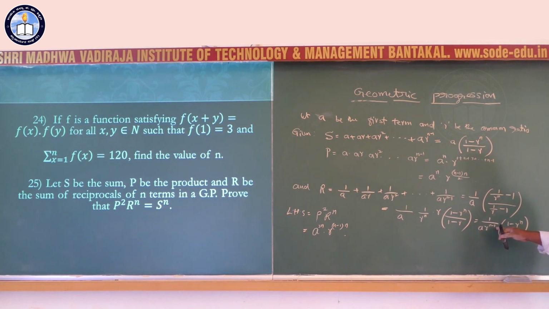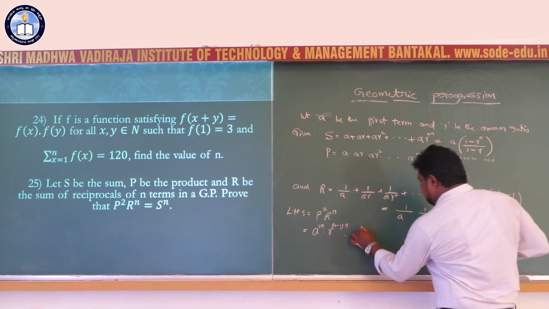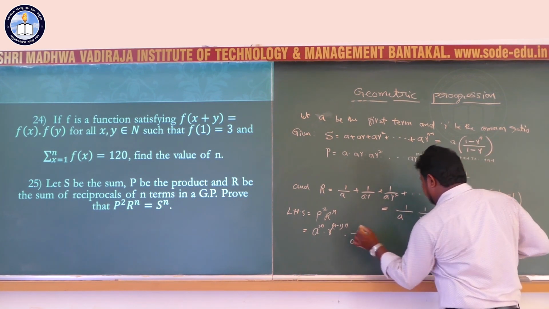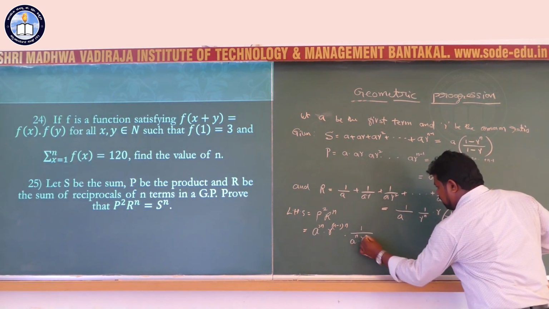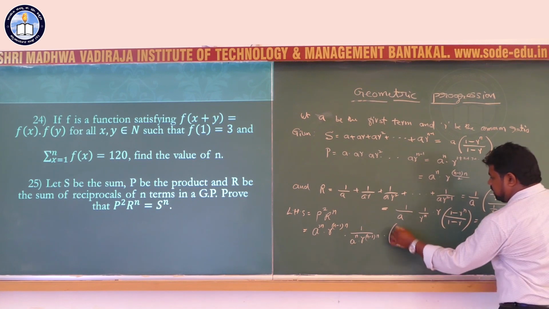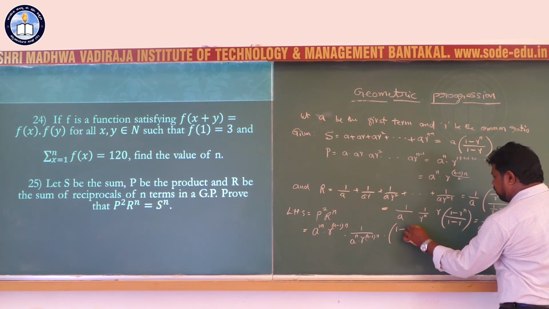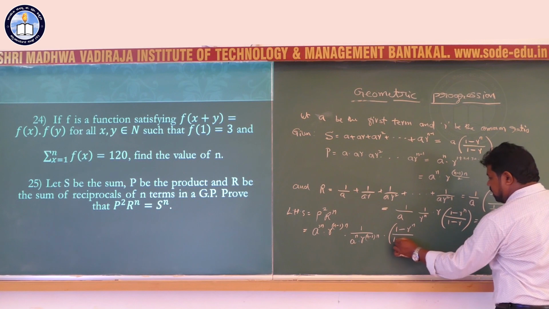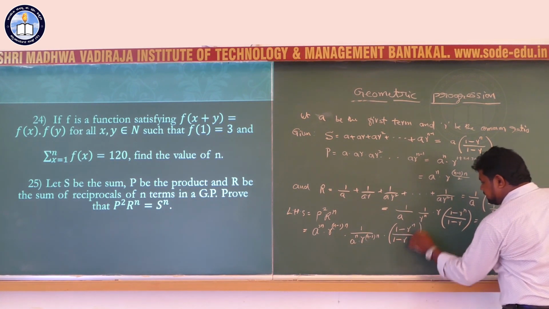Capital R here, its power n, is 1 by a power n r power n minus 1 into n, into 1 minus r power n divided by 1 minus r, its power n.